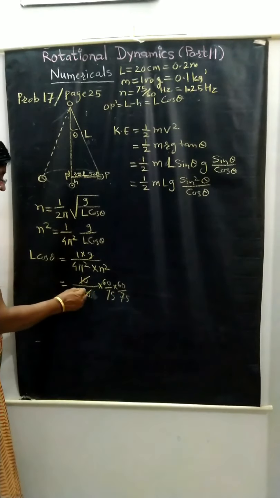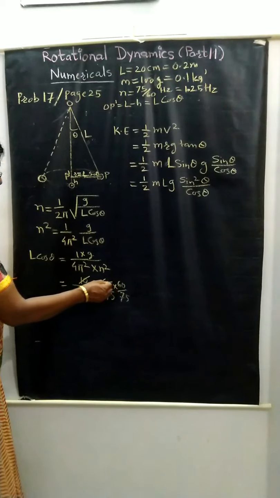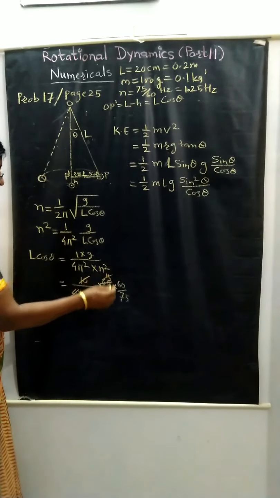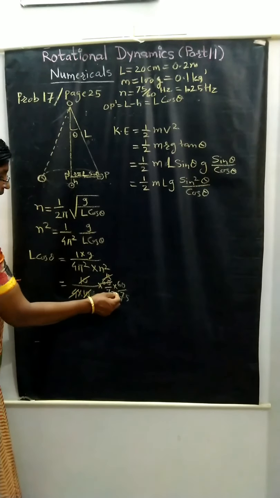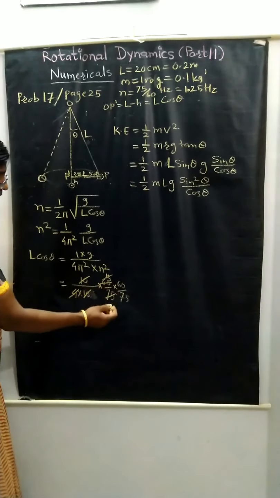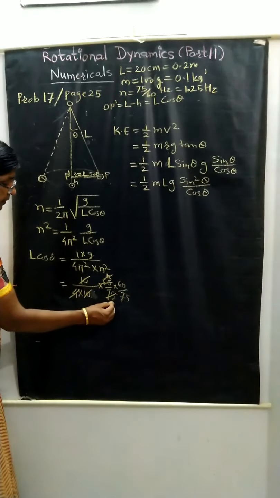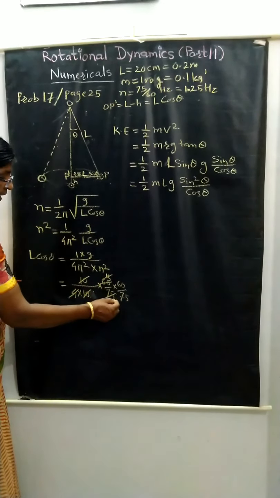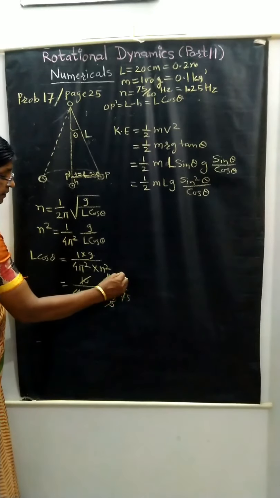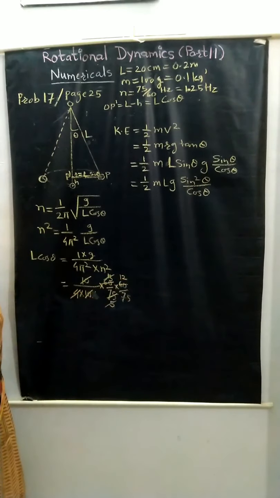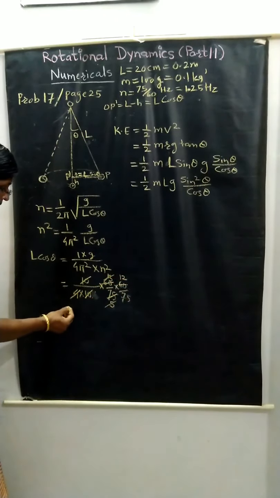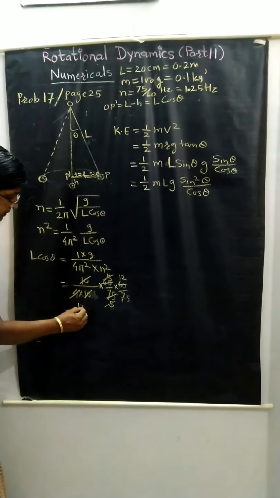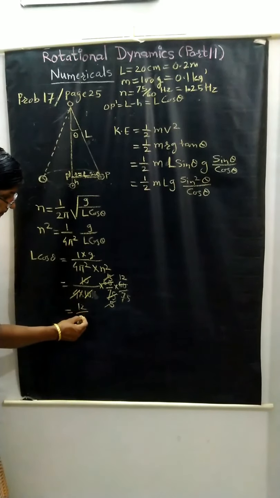Now 4 and 60 makes here 15. Here 15 and 75 gives 1 by 5 here. Now 12 5s are 60. So here again we obtain 12. So the final answer is 12 upon 75.